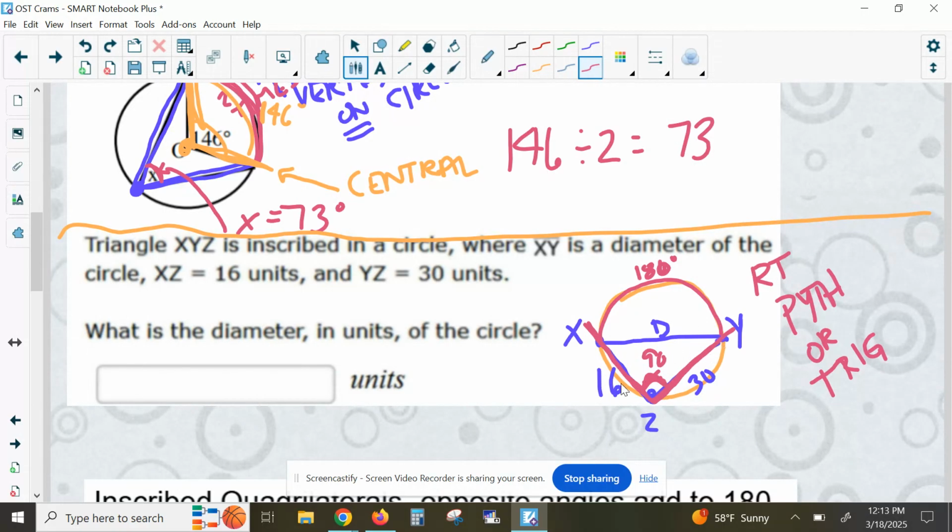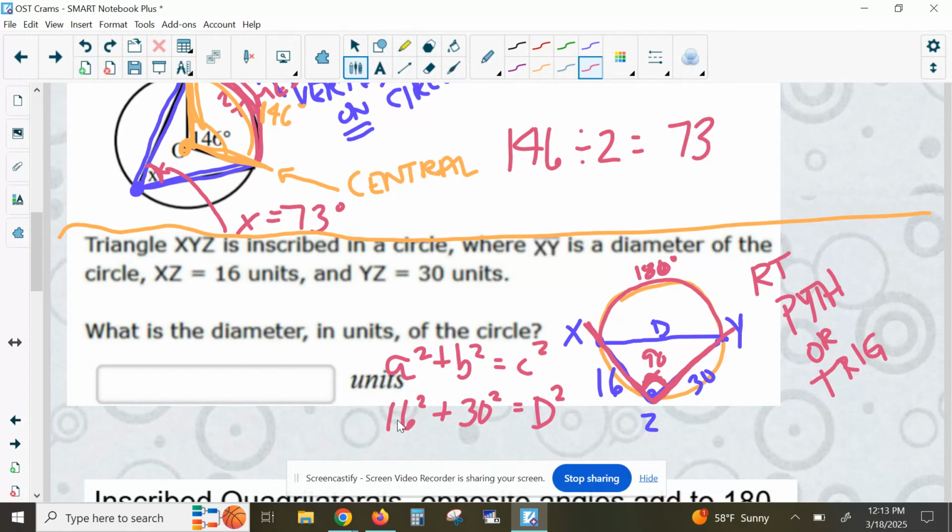Really, we have a right triangle where we have a 16 and a 30, and we don't have the diameter. So we can use the Pythagorean theorem, a squared plus b squared equals c squared, where remember that c has to be the hypotenuse, the side opposite the right angle, so that means our D is the side that's missing. So we can do 16 squared plus 30 squared is equal to D squared.